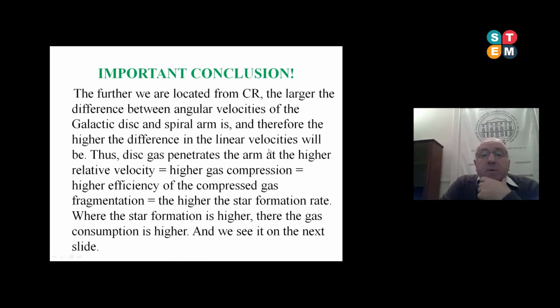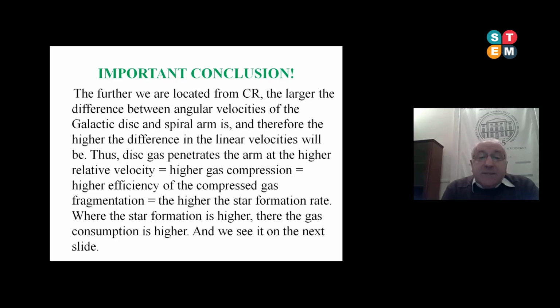The further we are located from the corotation resonance, the larger will be the difference between the angular velocity of the galactic disk and the spiral arm. And therefore, the higher the difference in the angular velocities, the higher will be the difference in the linear velocities.